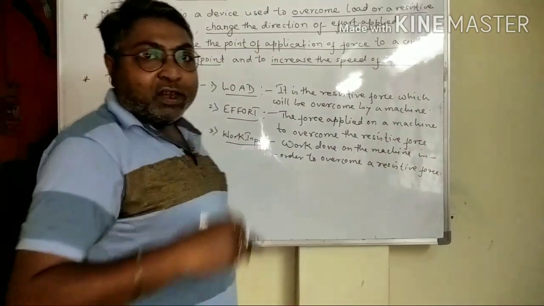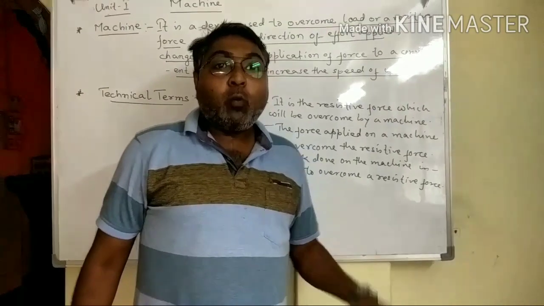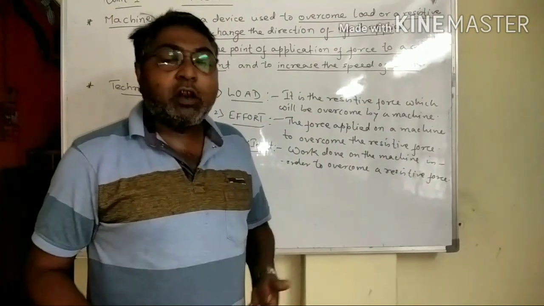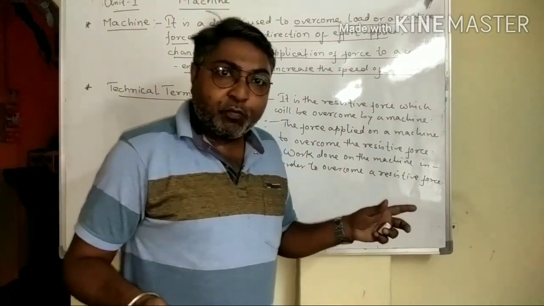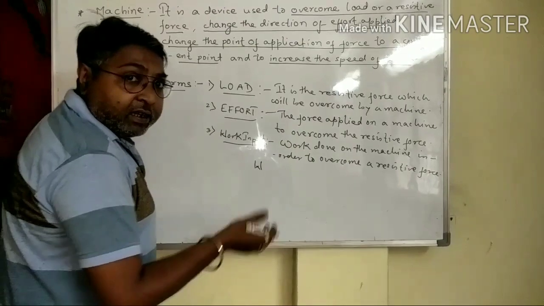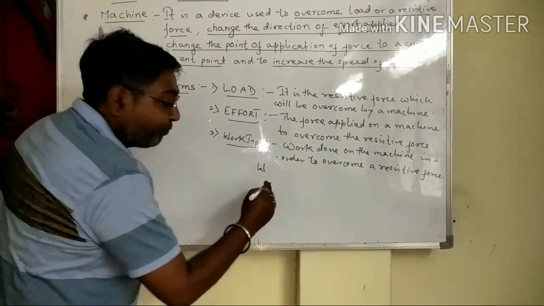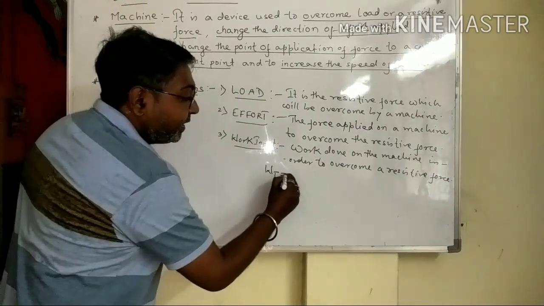In the previous chapter in class I taught you in the first term work, what is the definition of work or what is the formula of work. Work means force into displacement. So as far as work input is concerned, I am writing it symbolically. Work is W and input I am writing suffix capital I, equal to force.